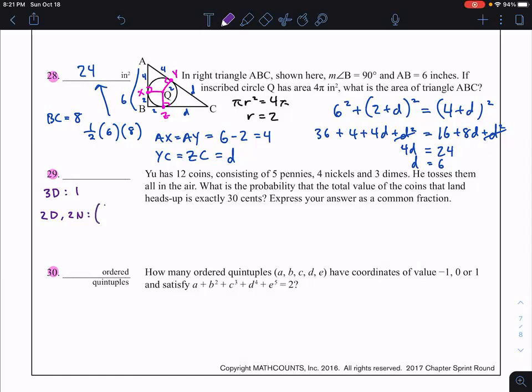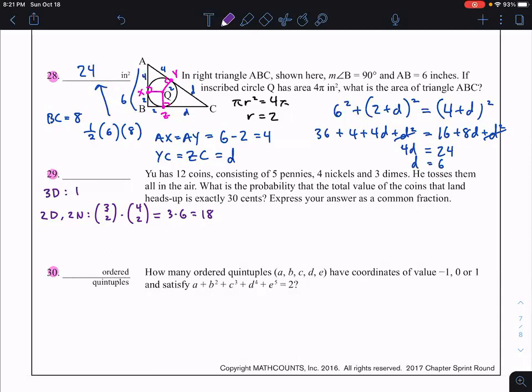Now here you have to choose which 2 dimes land heads, so you do combinations 3 choose 2, and then you multiply it by how many possibilities you can get to flip heads for 2 nickels, so that is combinations 4 choose 2. Then you multiply this out. That is 3 times 6, which is 18.